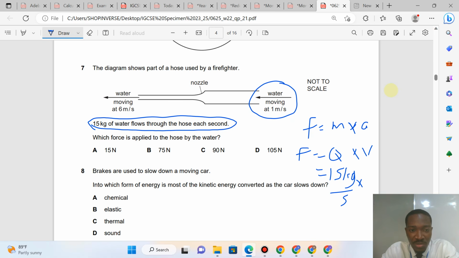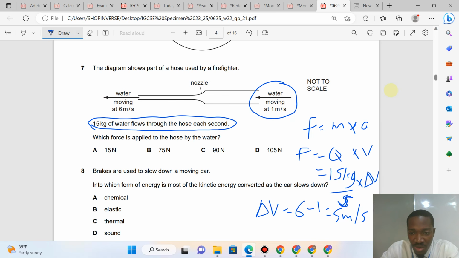So our change in speed will be 6 minus 1, that will be 5 meters per second. So if you multiply this by your change in speed, 15 kilogram per second multiplied by 5 meters per second.